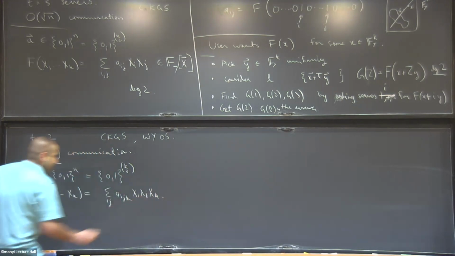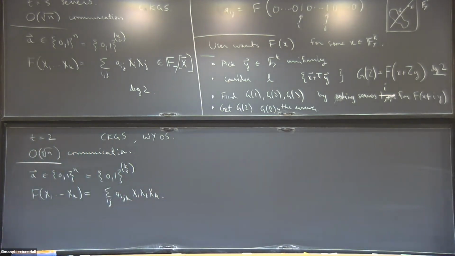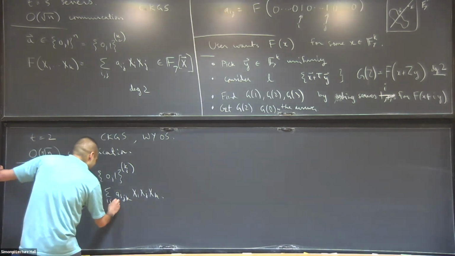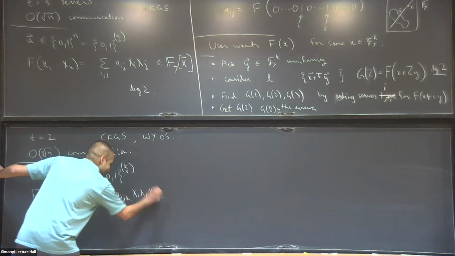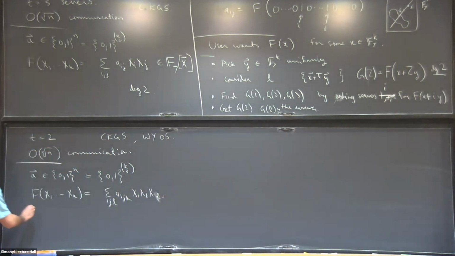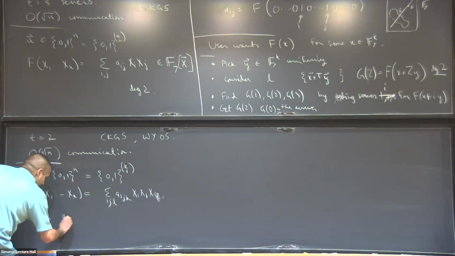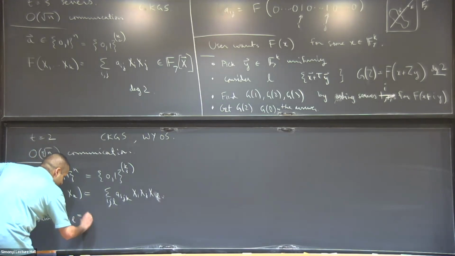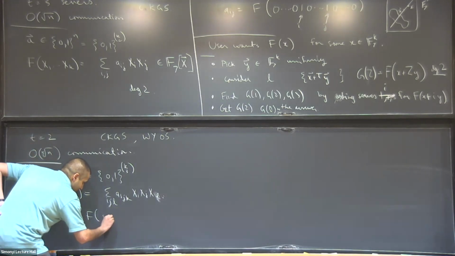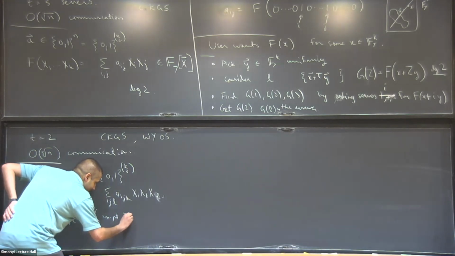It's not the same k. And again, a_ijl equals f of some point x_ijl.